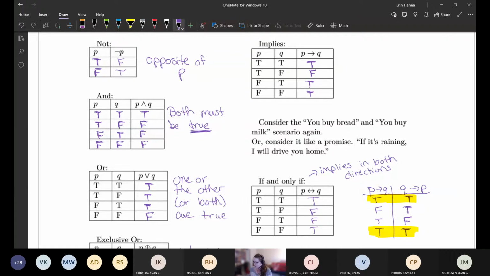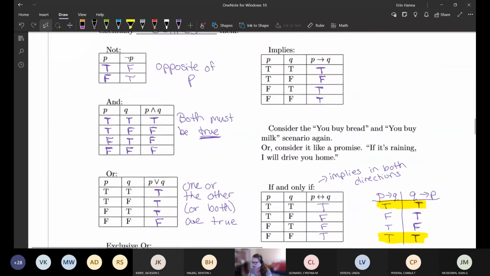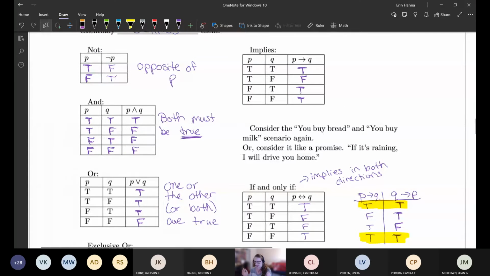Anyway, the other day we started talking about truth tables, and we're going to keep talking about truth tables. Remember, we're taking these statements and forming more complicated statements together, and we're able to tell whether the more complicated statement is true or false based off the pieces.